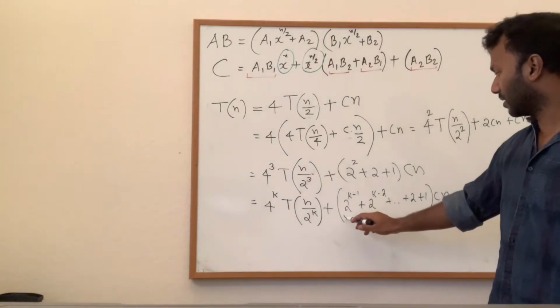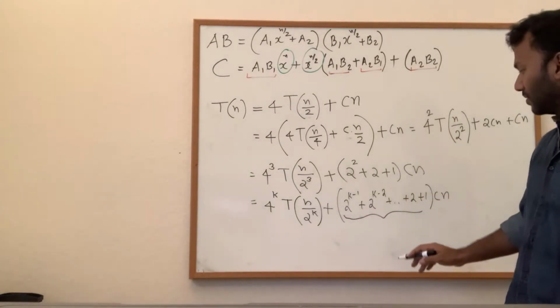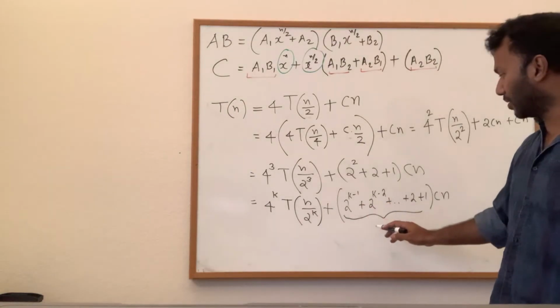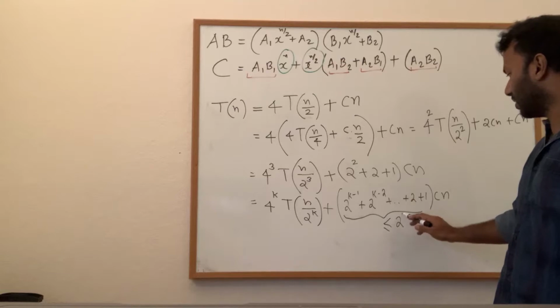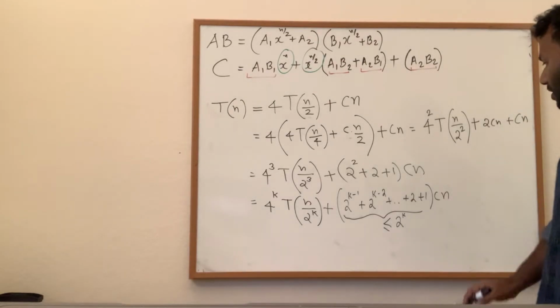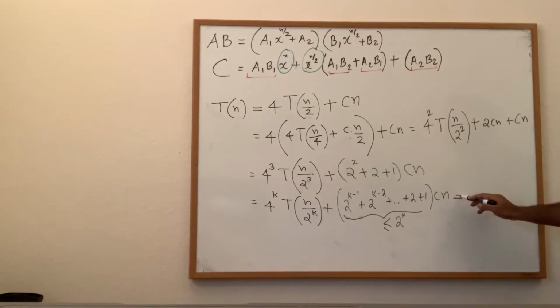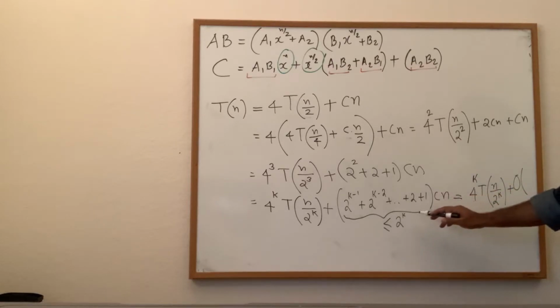Alright, so this whole thing is a geometric series which can be roughly bounded by big O of 2 to the k. Therefore, the whole thing I can write like this: 4 to the k multiplied by t of n divided by 2 to the k plus big O of n multiplied by 2 to the k.